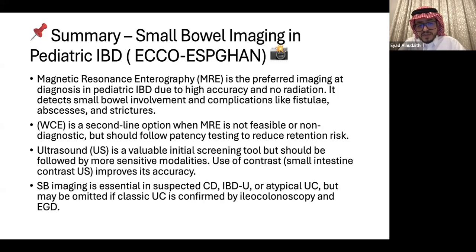Small bowel imaging is essential in suspected Crohn's disease, IBDU, or atypical UC. So these are the indications of proceeding for small bowel imaging like MRE or wireless capsule endoscopy if you suspect Crohn's disease, or if you have atypical UC or IBDU. That's when you go for the MRE.